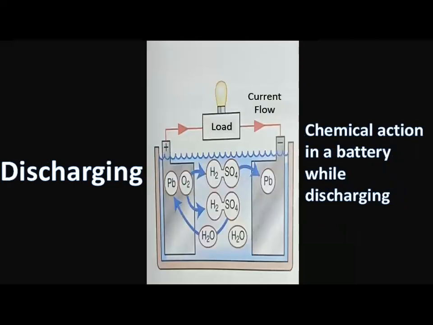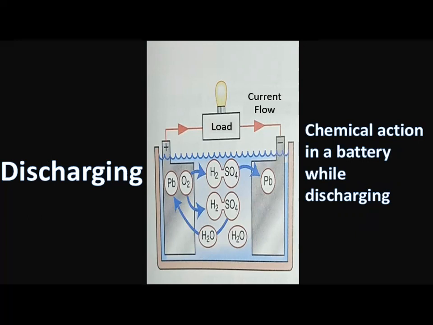As the battery discharges, the H2SO4 breaks up in the electrolyte and the sulfate SO4 goes to both plates, where it joins with the Pb to form lead sulfate or PbSO4 on both plates. The O2 on the positive plates joins with the hydrogen H in the electrolyte to form H2O.